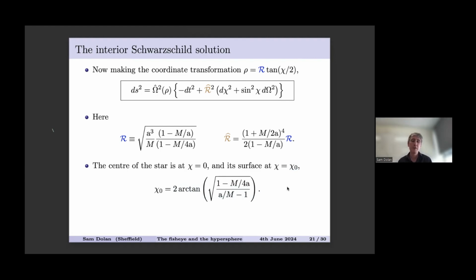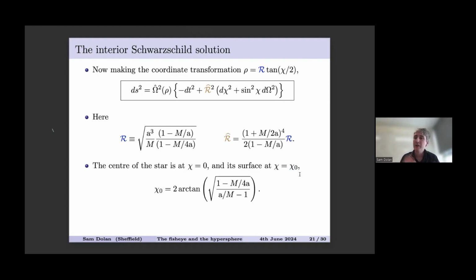Well, to get perfect focusing of null geodesics inside this hypersphere, we need at least half of the sphere to be represented. To go from one rim to the other rim on the Maxwell fisheye lens, we need to go across one of the hemispheres of the sphere. In other words, we need chi naught to be at least pi over 2 for perfect focusing.